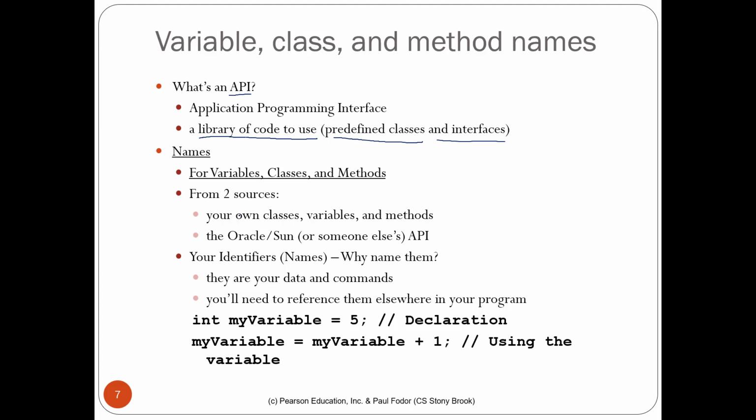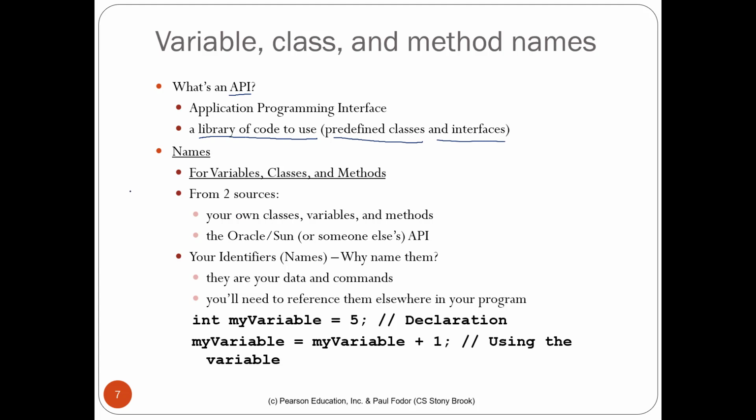And who has given the names to the classes or methods or variables in the API? Well, the people who designed this API, they have given meaningful names to the classes, to the methods over there, and to the variables that exist there. That's the reason it is important to know how the naming is done in a Java program.